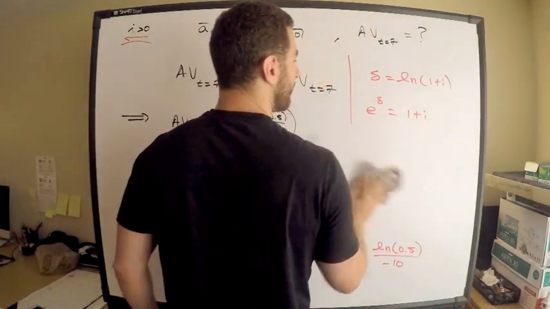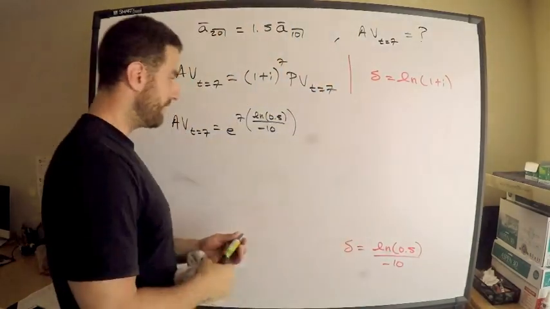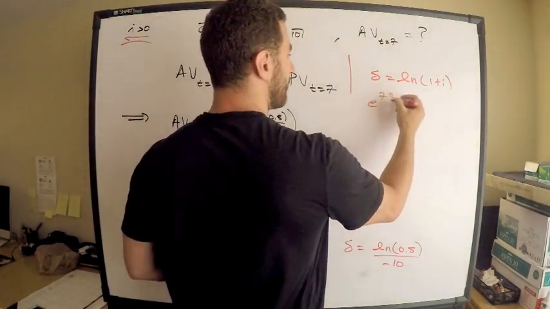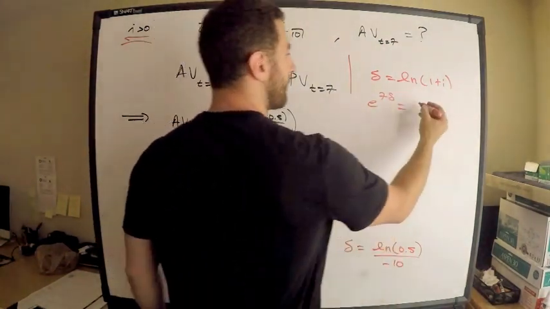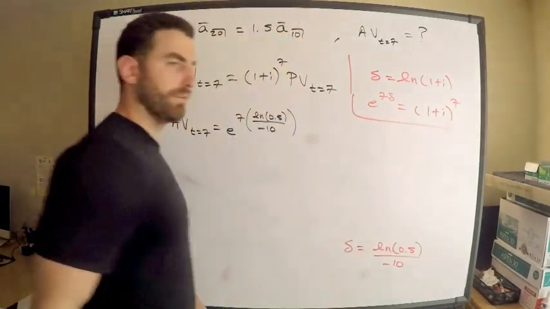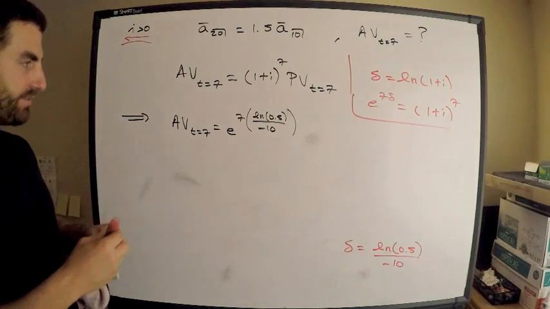Let's get rid of this real quick. Hopefully you wrote that down. Remember that e^(7δ) is equal to (1 plus i)^7. Wonderful. So now, let's finish this off.